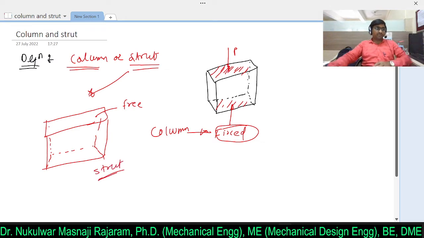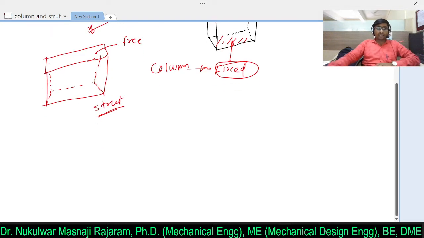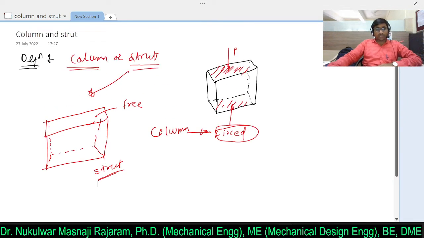So this is the basic difference between a column and a strut. This strut may be in any direction, however the column must be vertical and both the ends must be fixed.